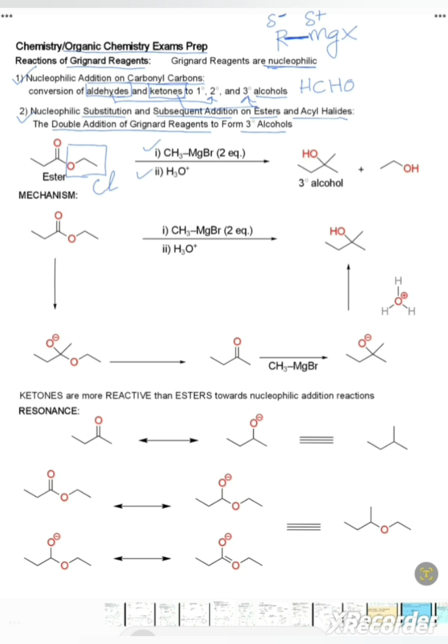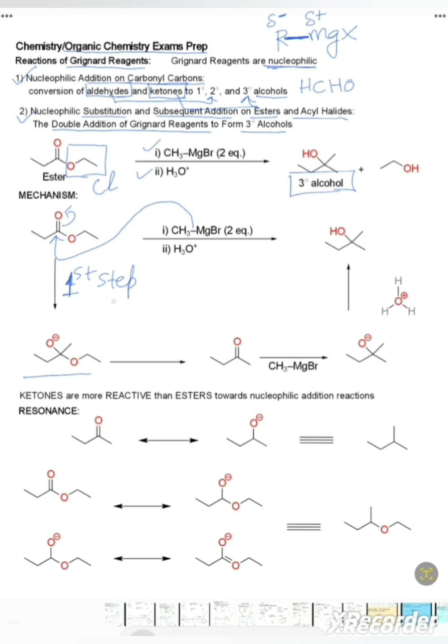So if there were to be just addition of one Grignard reagent, then that would be the case. However, here there are 4 steps to get the product. So now let's see one by one the 4 steps. So our first step is the nucleophilic Grignard reagent attacks the electrophilic carbonyl group to form the tetrahedral intermediate.